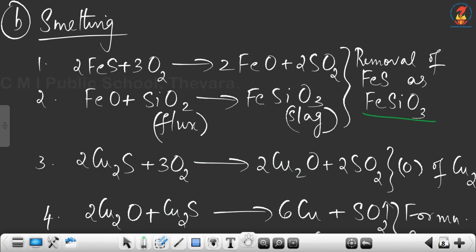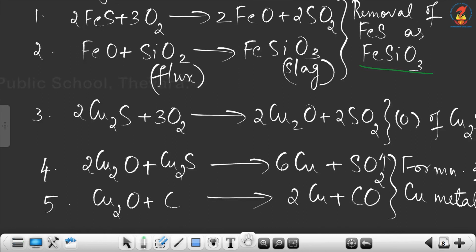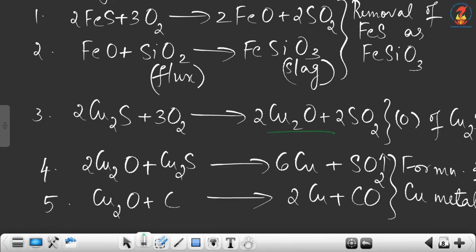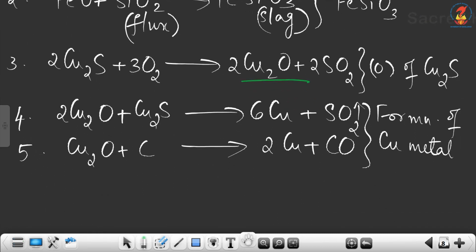Now the other reactions: FeS is removed, and we have Cu2S and Cu2O. Cu2S will combine with oxygen to form Cu2O, that is oxidation of Cu2S. Next is Cu2O, where auto reduction takes place: Cu2O plus Cu2S will give copper metal plus sulfur dioxide gas. Again, Cu2O will undergo reduction with carbon to get copper metal and carbon monoxide.